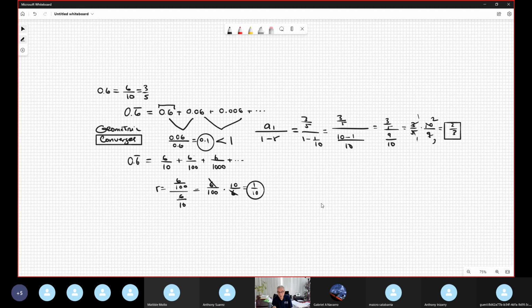But actually, mathematically it is 2/3. 2/3 is 0.6 repeated. Do you see or no? Yeah. Okay. This is not new for you, no? And what about 0.3 repeated?